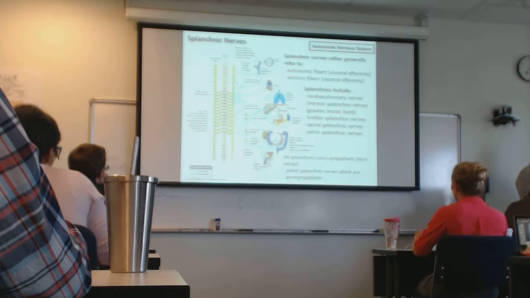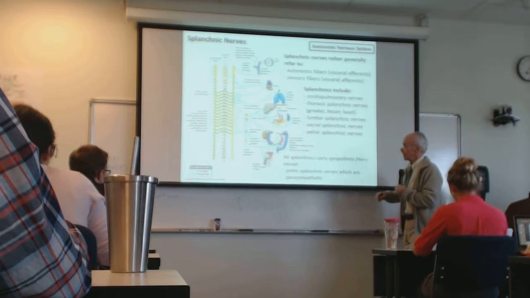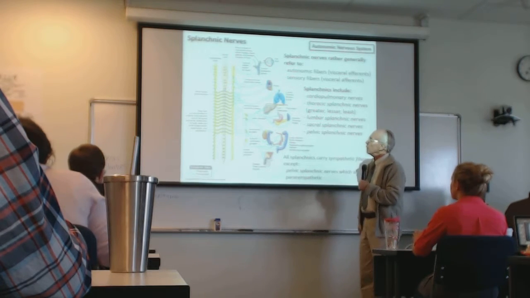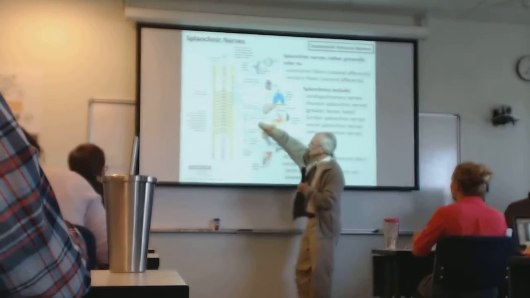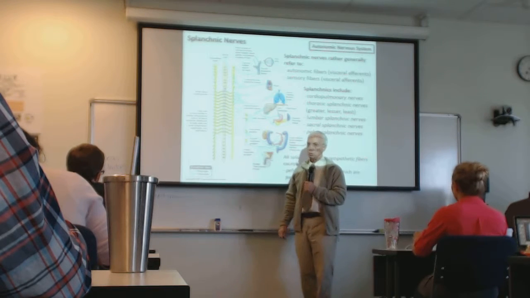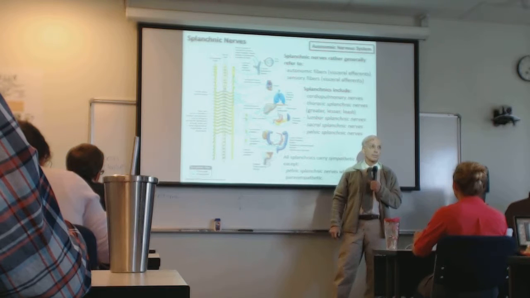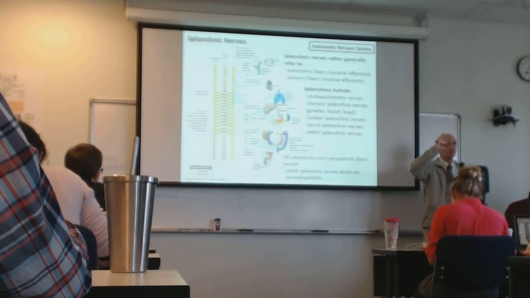What we're going to find, and this will become clear in the anatomy, is that a lot of these structures we're calling ganglia here are just profuse networks wrapped around the aorta. We're going to find this happens in the carotid too.